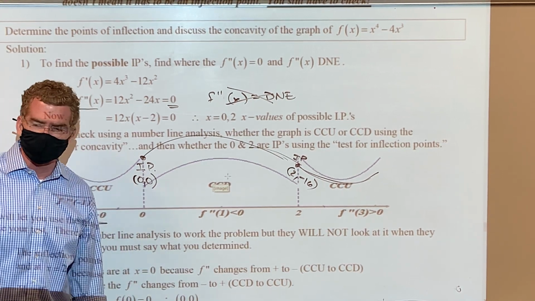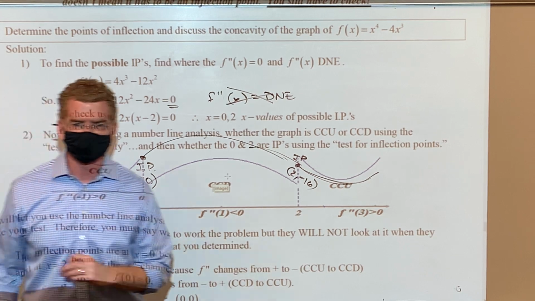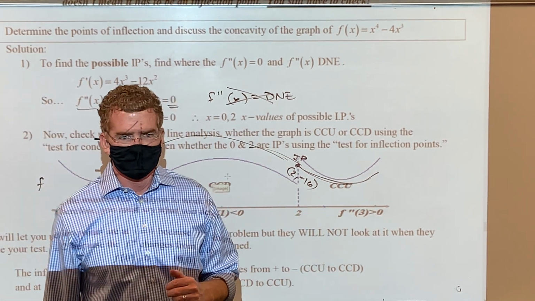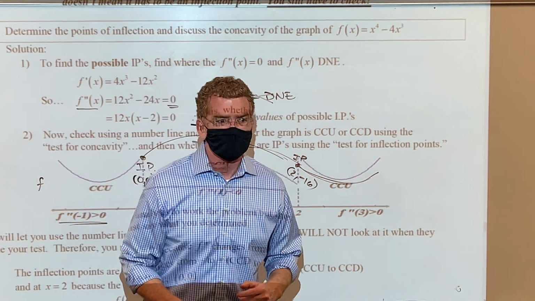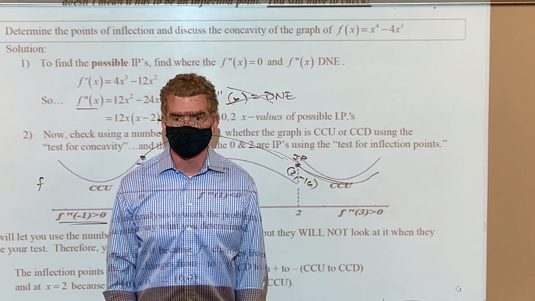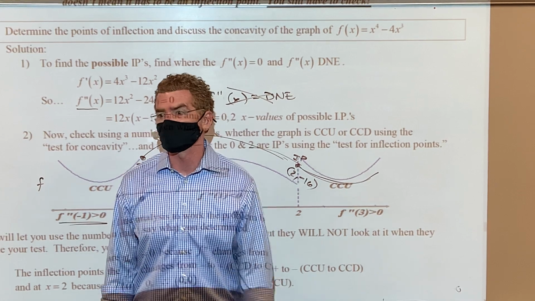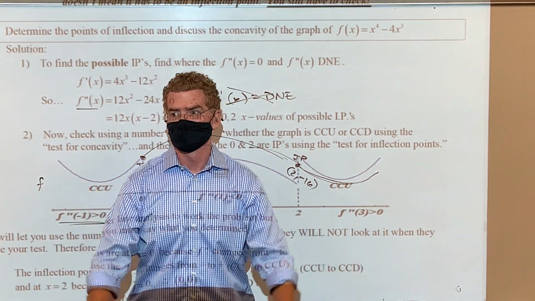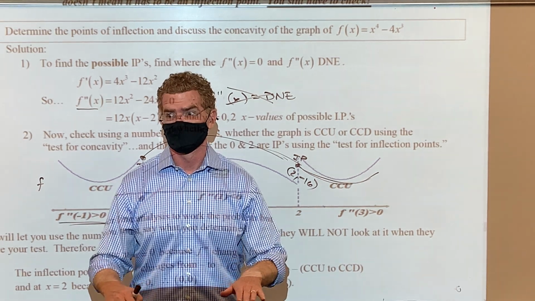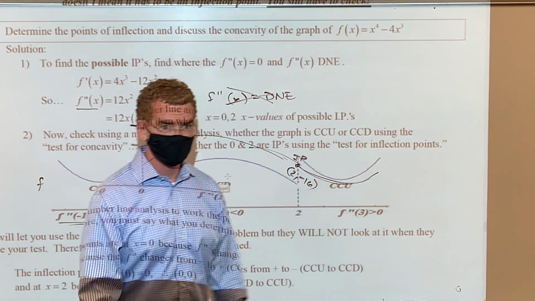When you're talking about critical numbers, what are you talking about? I know this is not like scintillating information, but what are you talking about? X values. When I'm talking about relative maxes and mins, what are you talking about? Y values. When you're talking about inflection points, you're talking about points. Hence the name, point. All right? Y'all with me?